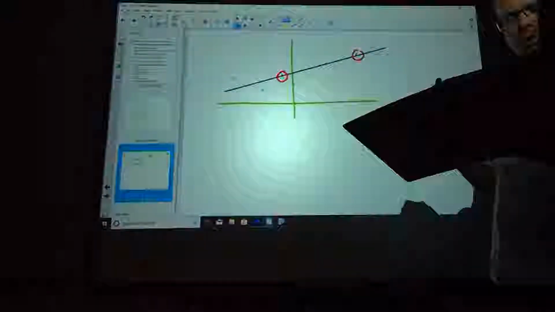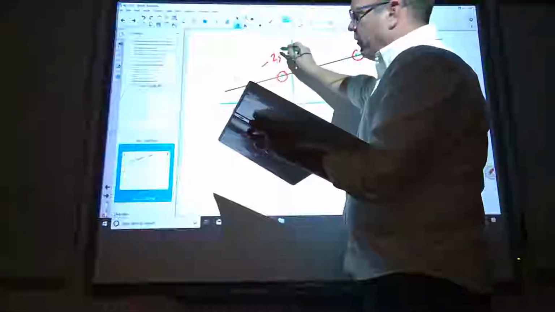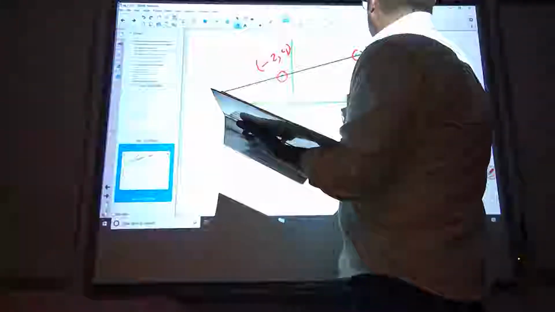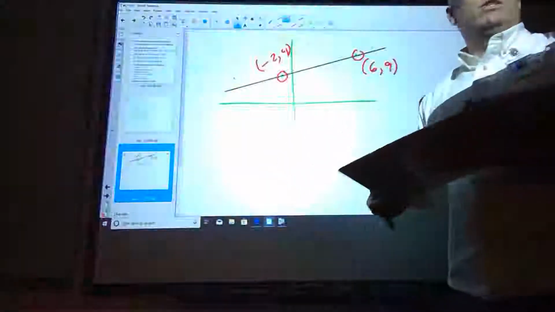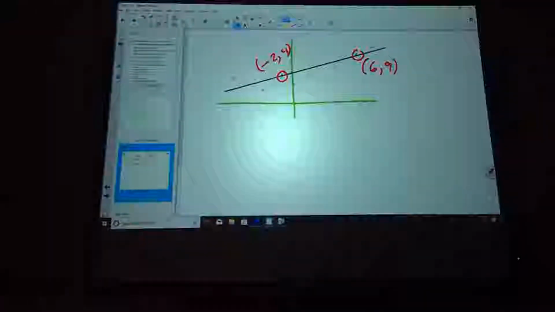Does that make sense? On this one, maybe this is about (2, 4), and that one looks like about (6, 9), roughly. I'm not going to give you decimal amounts to estimate. It's like, I think that's about 3.3. No, it's 3.4, you're wrong. Oh, it's close.